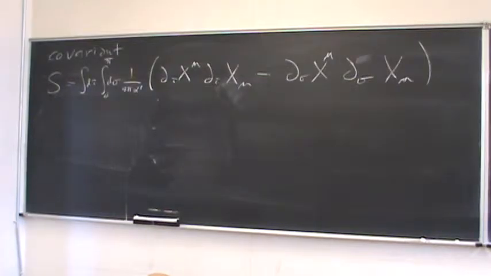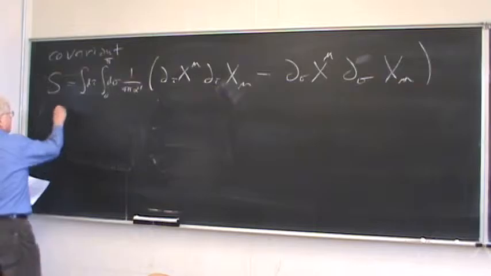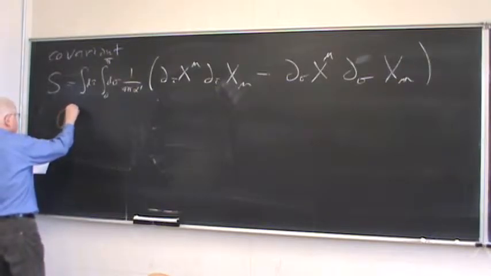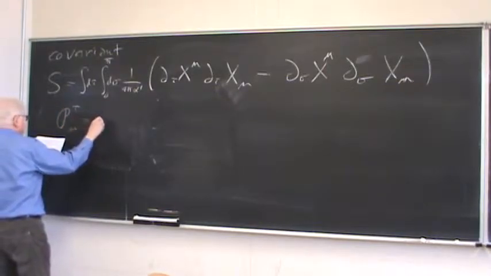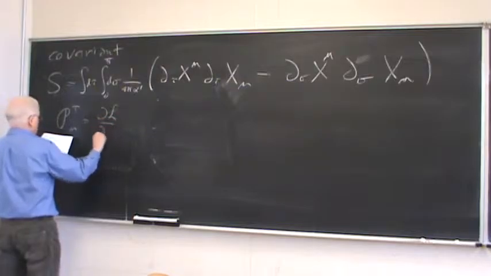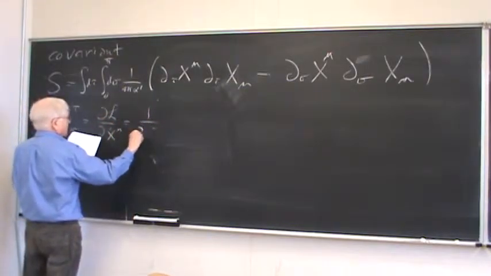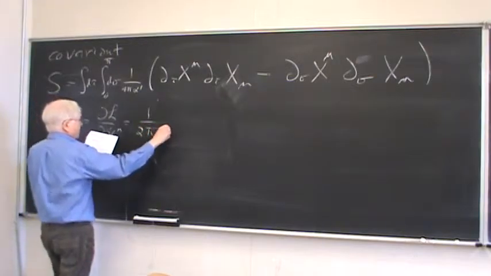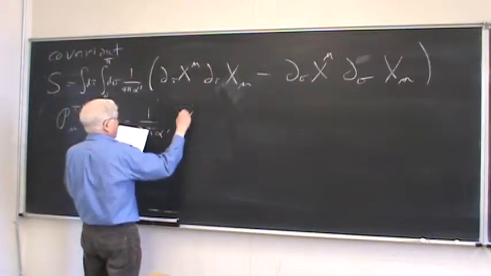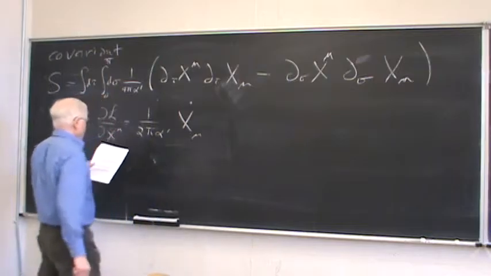So this is obviously a much simpler action, and for this action, P tau mu is just partial L partial x dot mu, and this is 1 over 2 pi alpha prime x dot mu.